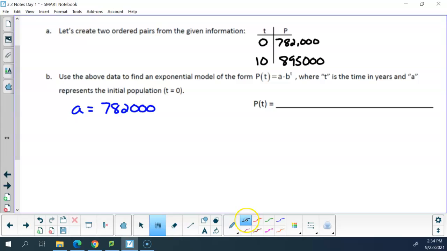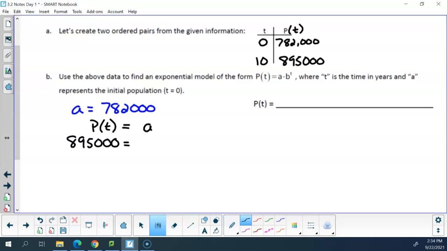P of t, I'm actually going to even call it here P of t, right there, is 895,000. So we know that 895,000 is P of t.